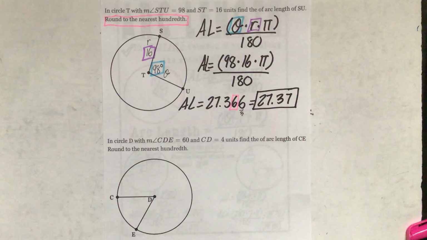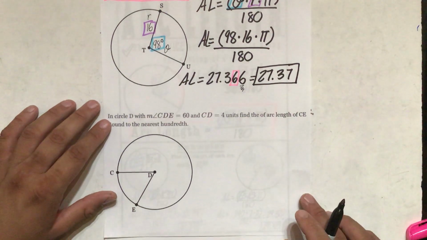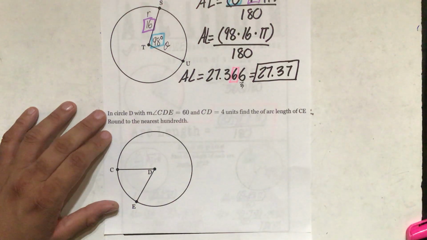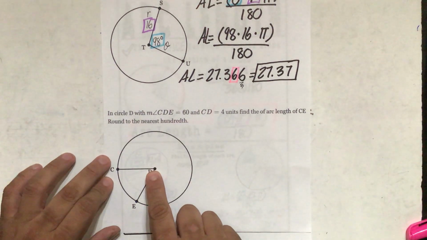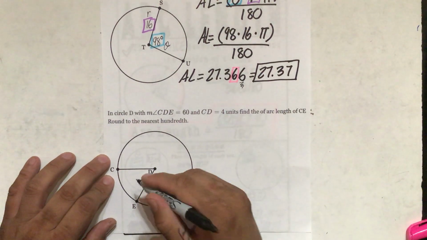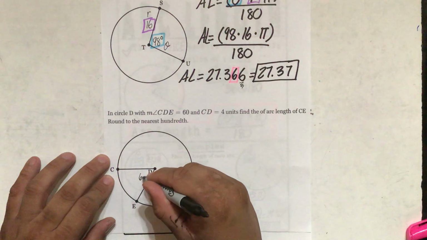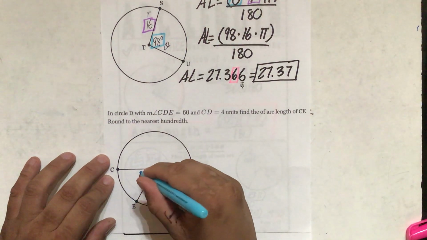Okay, let's do one more example here. Second example says encircle D. D is in the center. CDE is 60. So this is 60 right here. I know that's my theta, so I'm going to do this in blue.